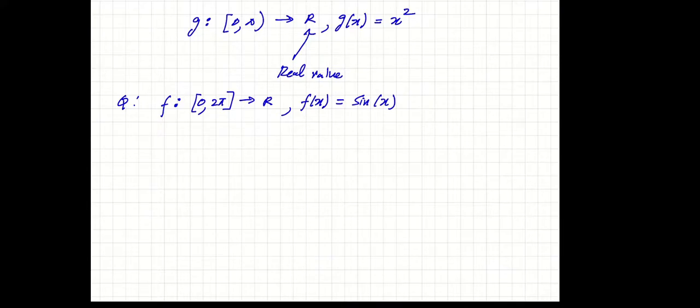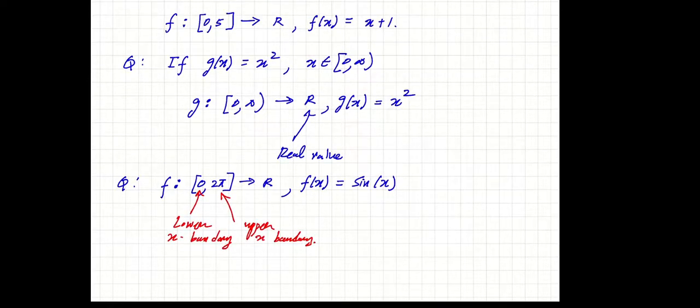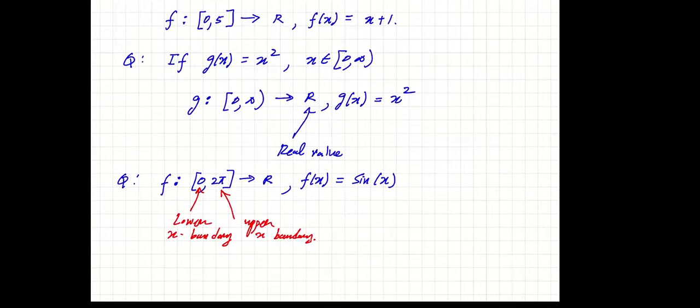So you put the lower boundary and upper boundary. This is your lower x boundary. This is your upper x boundary. All good. So that is domain and range.